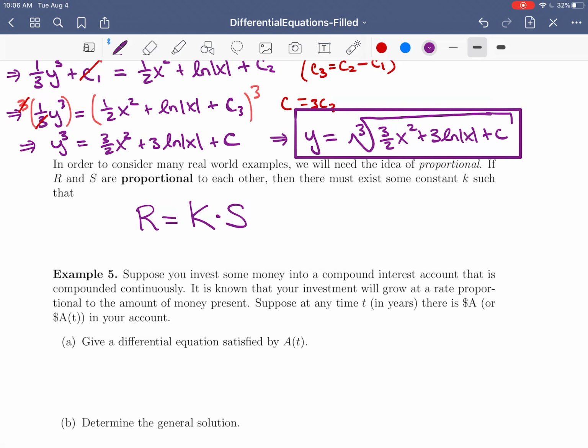So R is k times S. We refer to k as the proportionality constant, because it's the proportion that they grow together. This occurs quite often.